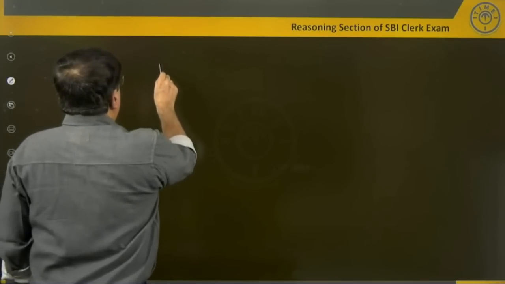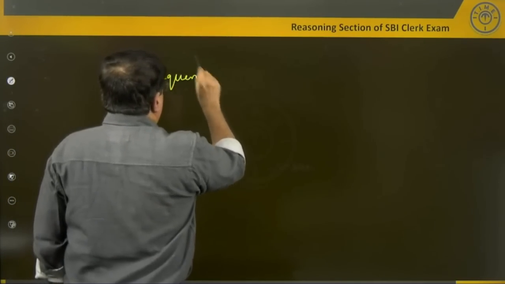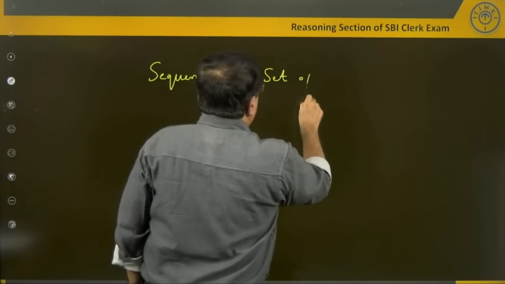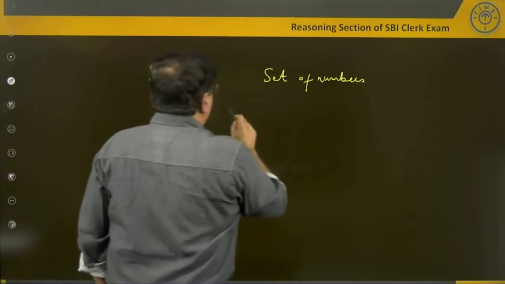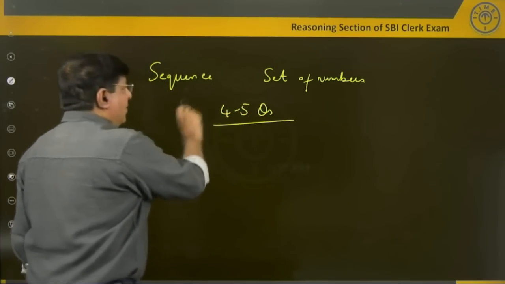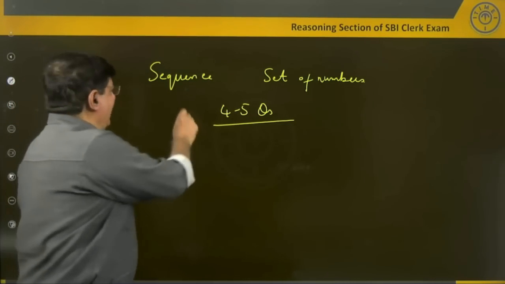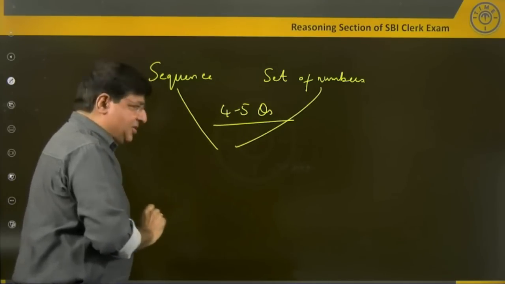You have two topics called sequence. One is sequence and another topic is set of numbers. You get 4 to 5 questions from any one of these topics. There is a possibility that questions can be asked from both the topics.